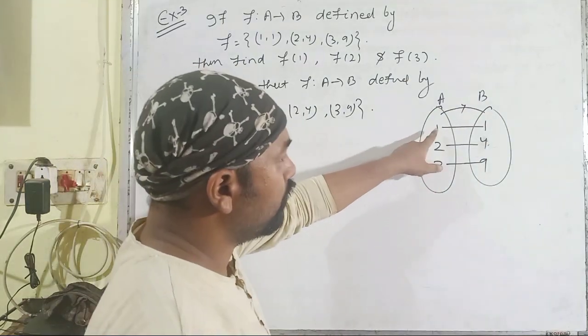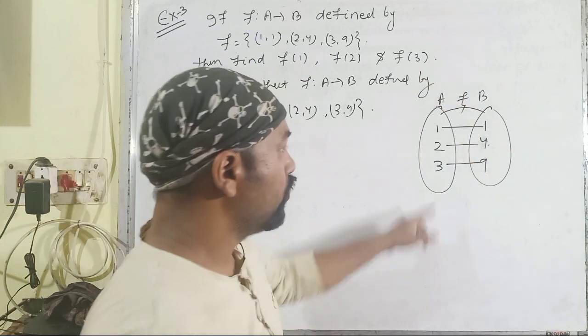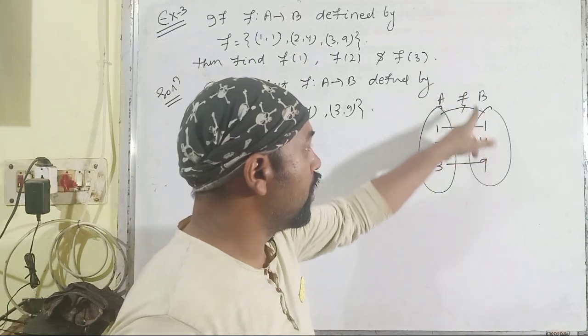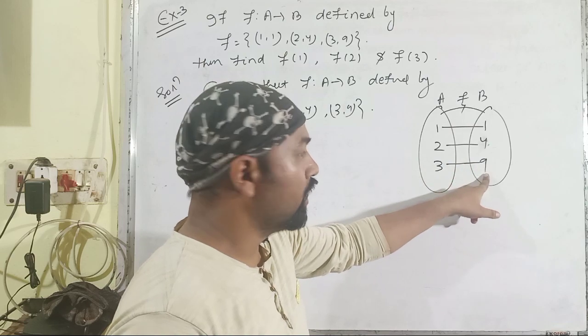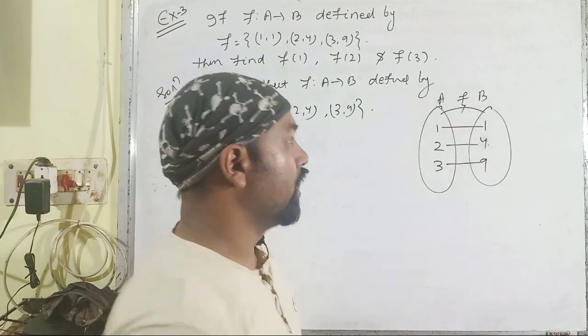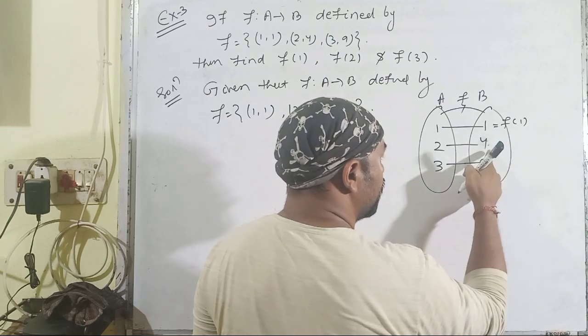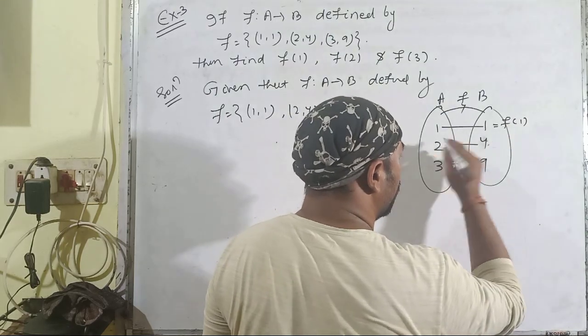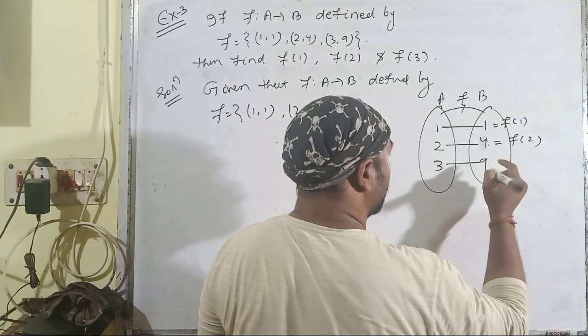So the image of 1 is 1 under the function f. 2 has the image 4 under the function f. 3 has the image 9 under the function f. So this is called f of 1. This is called f of 2. And this is called f of 3.